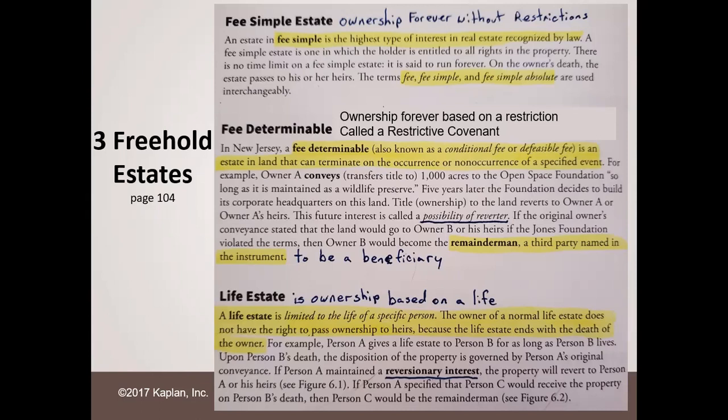But you cannot create new rights for yourself and dictate who would then get it after you die, because I only gave you ownership while you're alive. And upon your death, the property comes back to me or my heirs or someone else that I would name to be the beneficiary, which would be called a remainder man. Make sense?